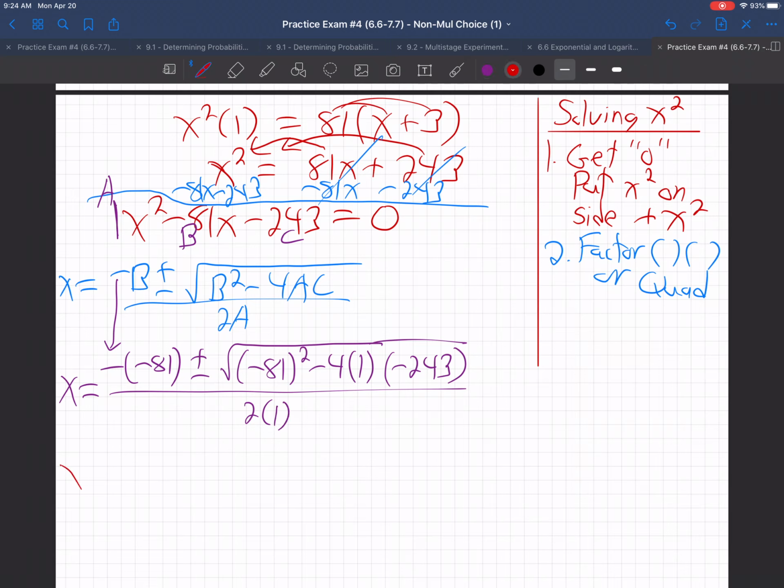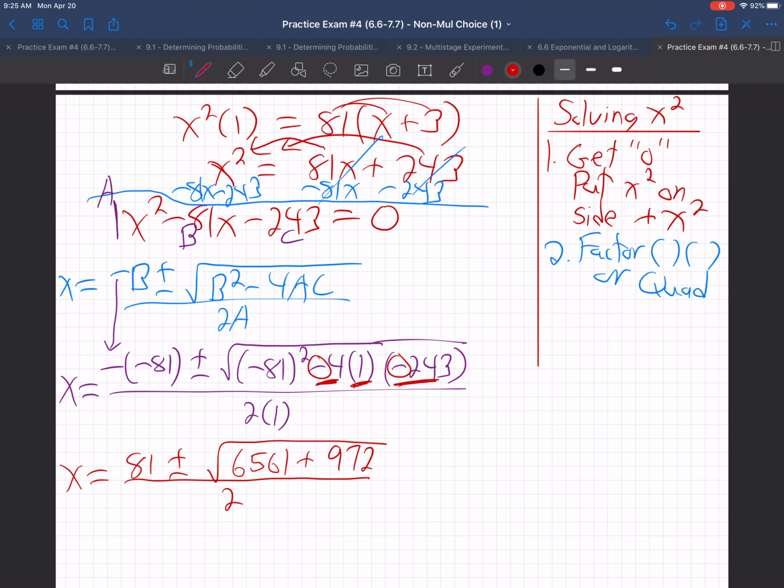Okay? So x is 81 plus or minus the square root. Use your calculator. I'm using mine. 81 squared is 6561 plus, because it's negative times negative, 2 negatives makes a positive, 4 times 243, 972, all over 2.